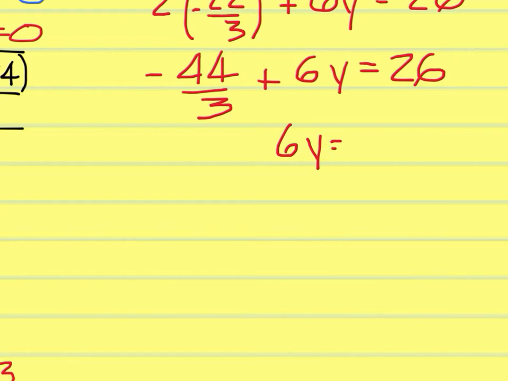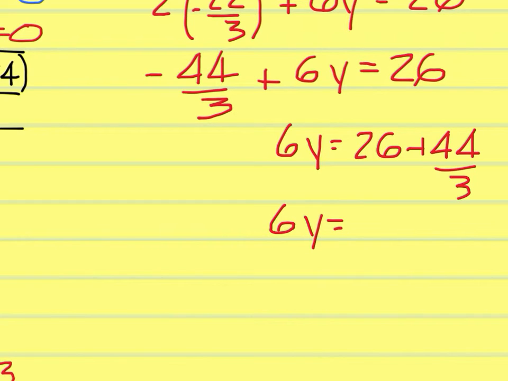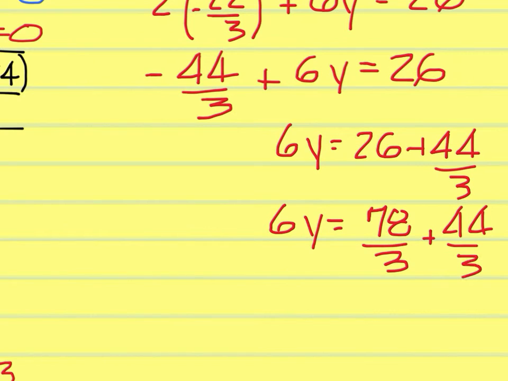Change the sign. Make it plus 44 over 3. You need a common denominator of 3, so 26 times 3 is going to be 78. So we'll make it 78 over 3, plus 44 over 3. 78 plus 44 is 122.